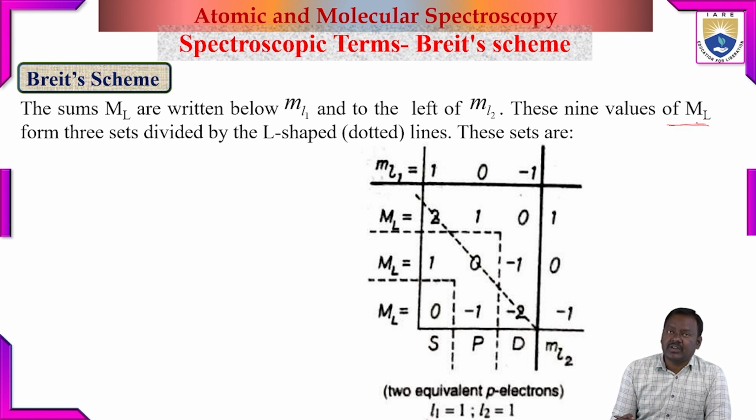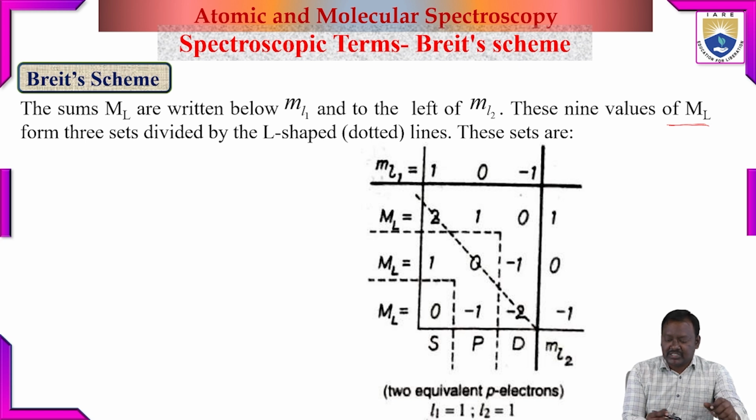So we can divide these 9 values into 3 sets. This is one set, second set, third set. So there are 3 sets of ml values.